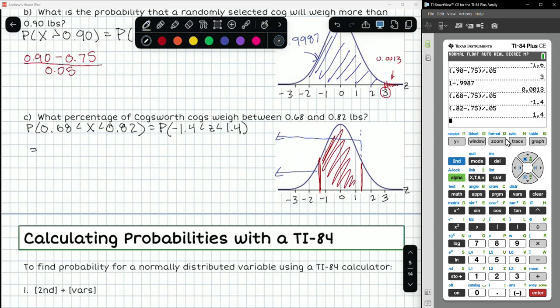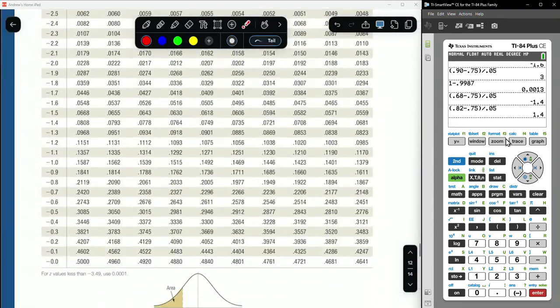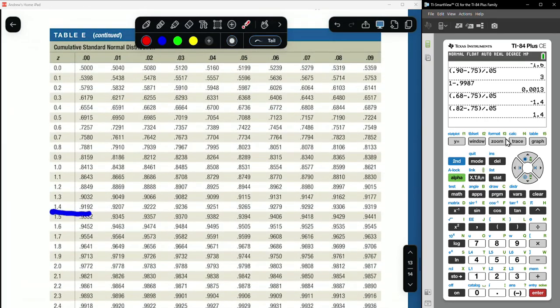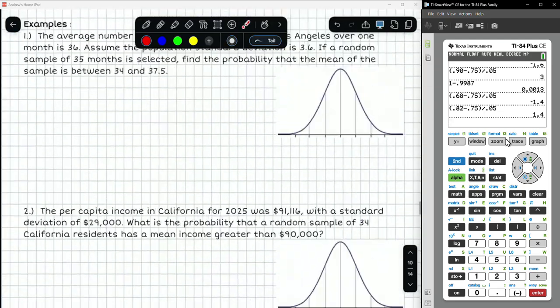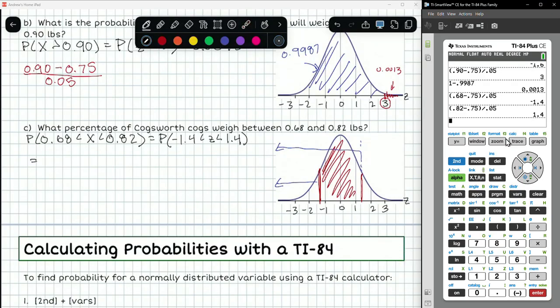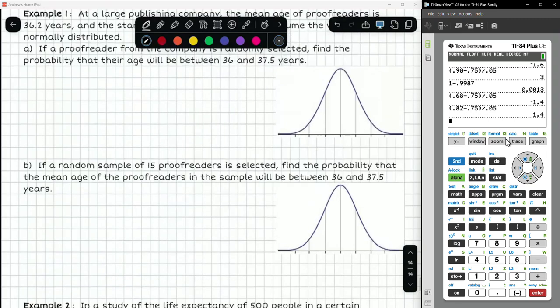So first we're going to look up the big area, the one we're going to subtract from, and that's the positive 1.4. So we scroll back down, positive 1.40 would be right here, and I get 0.9192. And then I'm going to do the same thing for negative 1.4. Ooh, too far.